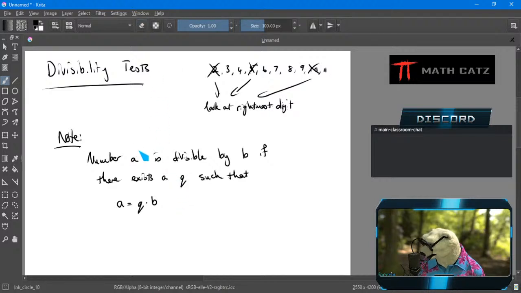If I have two numbers, let's think of A as the larger one and B as the divisor. B is going to divide into A if I can find some number Q that when I multiply it by B, I get A. And there's nothing else I need to add. The remainder is 0.